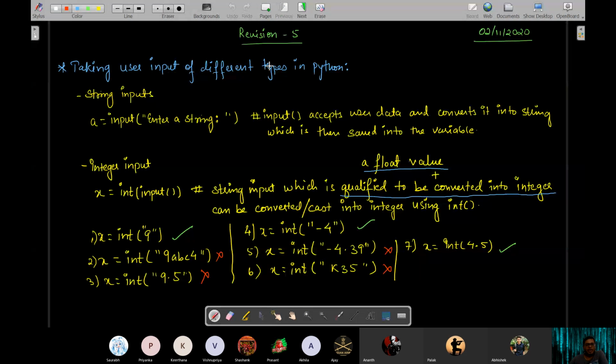I am moving to the next part, that is, अभी तक देखा था कि taking user input in different types in Python. First one is string input, second is integer input, third we will see float input. Float, ठीक है, right, okay.